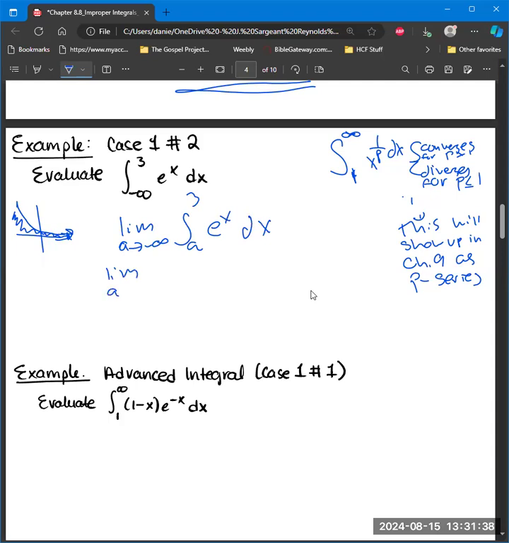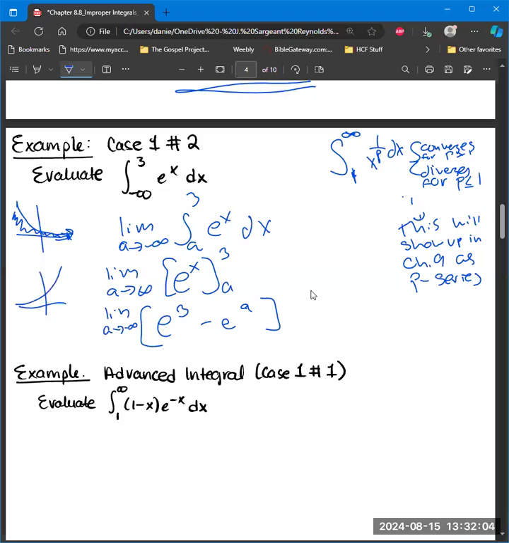The limit as a goes to negative infinity of e to the x, evaluated from a to 3, is going to be e to the 3 minus e to the a. So I have to look at e to the x as I go to negative infinity, and that's going to approach 0. So this is going to approach e to the third, and it converges.